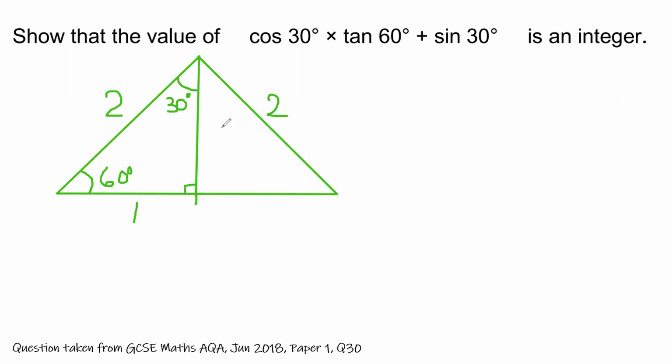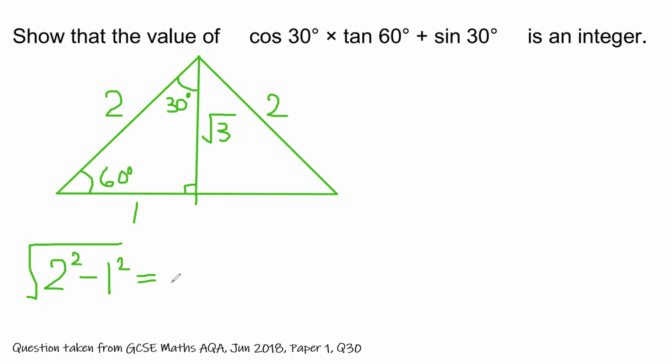Now we can use Pythagoras to calculate the value of this side here. If we do that, we end up with 2 squared, which is 4, subtract 1 squared, which is 1. So then we get 3, and we need to square root it because Pythagoras. Let me just write that out for you. We have 2 squared, subtract 1 squared, because this is the hypotenuse, so we're going to subtract this side, and then we need to square root the whole thing.